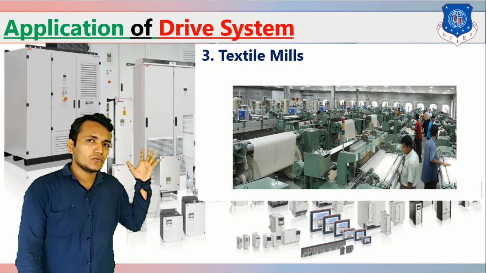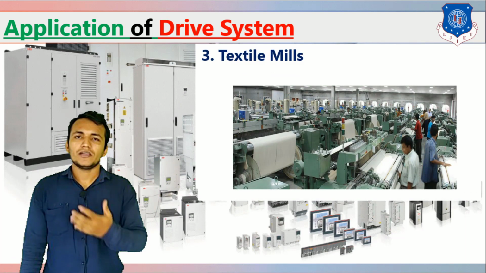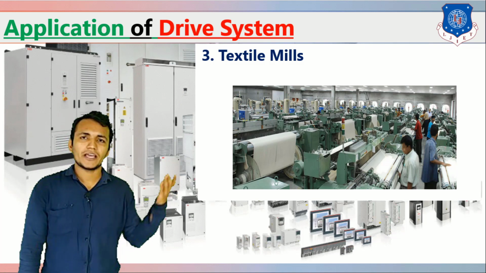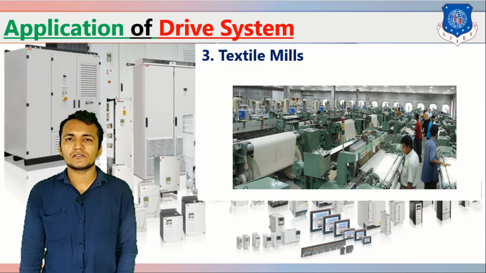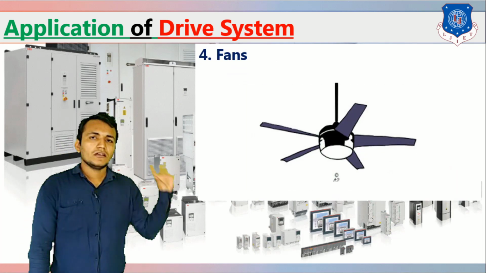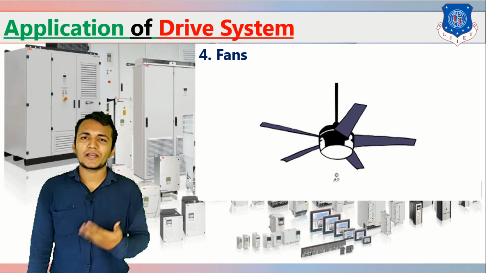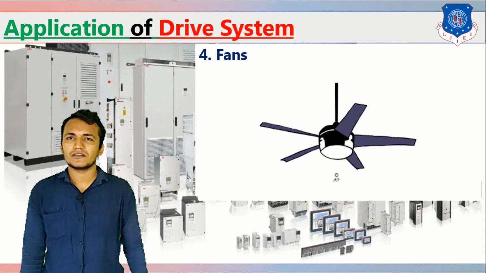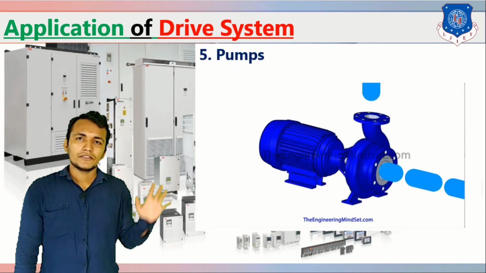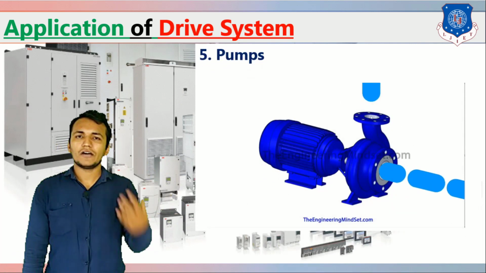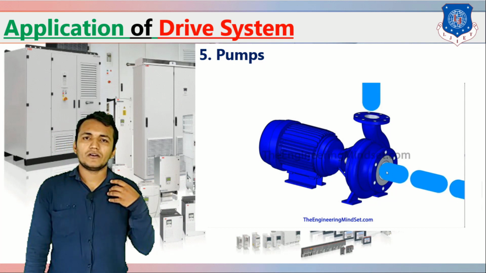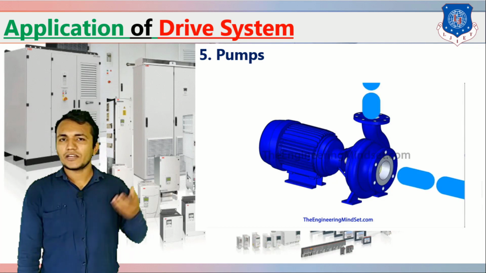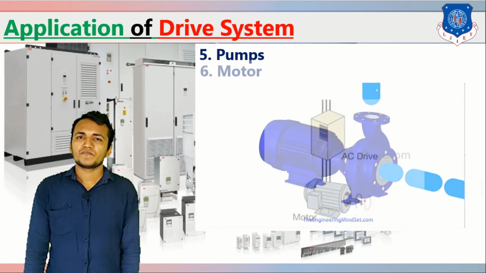Then it can also be used in textile mills, for individual motors or some kind of operation. Then fans. If we require a drive system in a fan, we can provide it there also. Then pumping systems. Whenever we want to control the water flow, we can use a drive system for the pump.